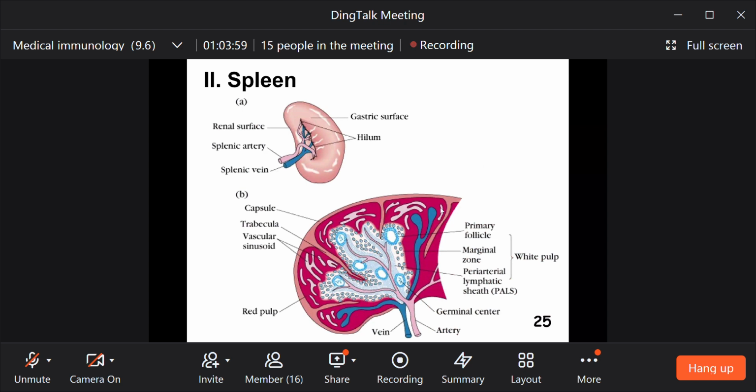The red pulp is named because of its color and its role to filter the blood. It does this by having tiny holes in the blood vessels that only allow some blood cells through.